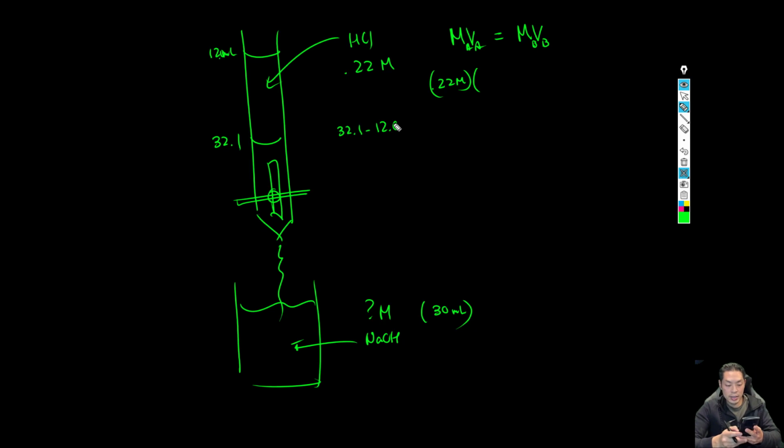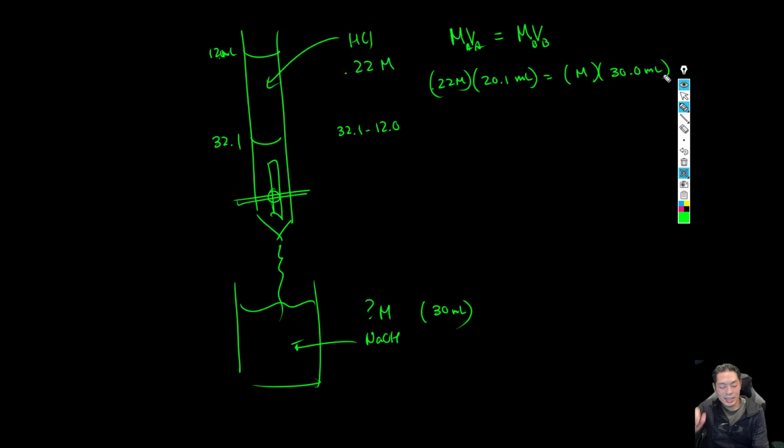Bust out the calculator. 32.1 minus 12, and I get 20.1 milliliters. All right. Now, on this side, I know I have an unknown molarity, but I do know the volume, 30, and I'm going to put one more sig fig just so my answer is a little bit better, 30.0 mL.